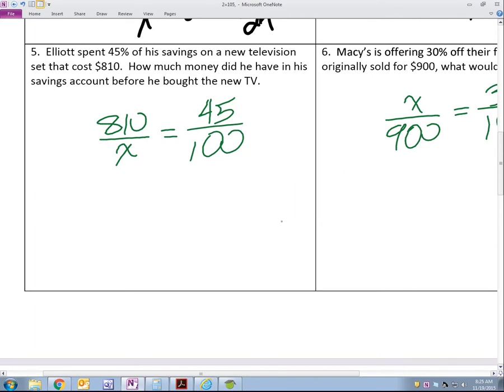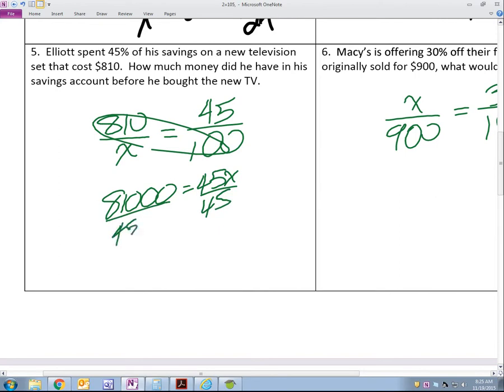So let's do this. So I'm going to have cross multiplication. 810 plus 2 zeros equals 45x. Divided by 45, divided by 45. This is when I go on my scratch piece of paper. 45, 7, 6. 360.